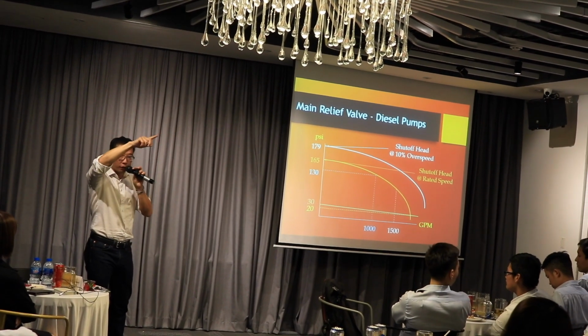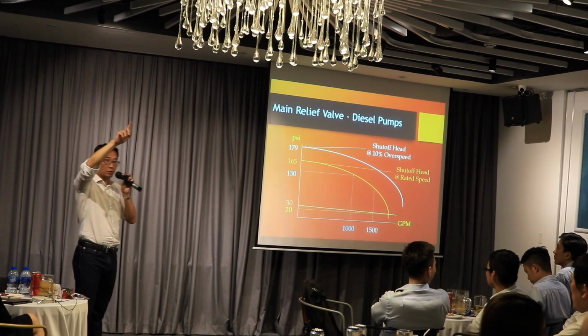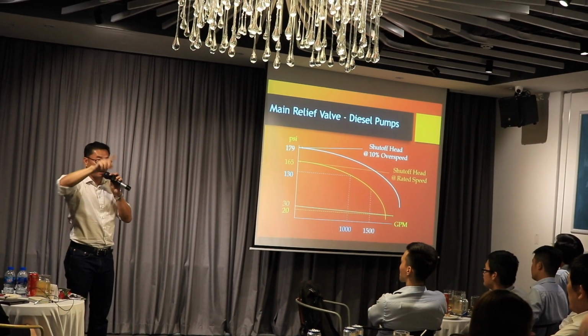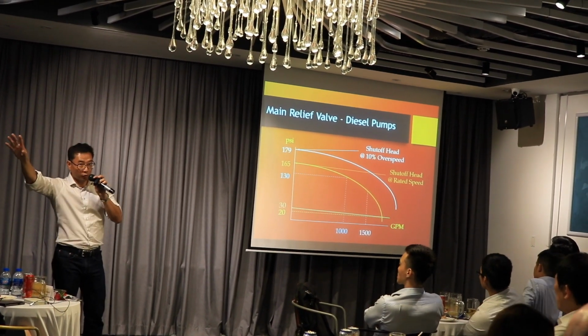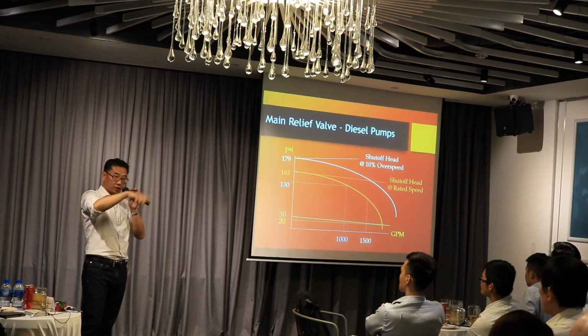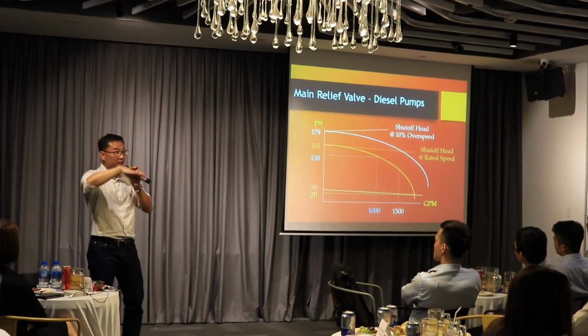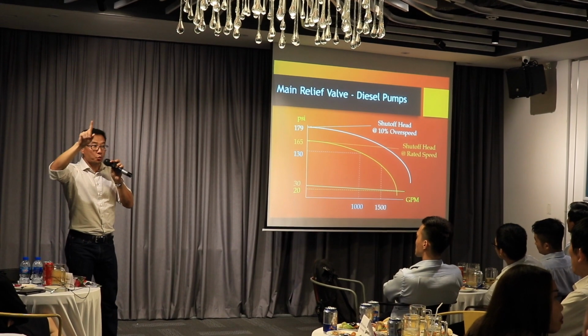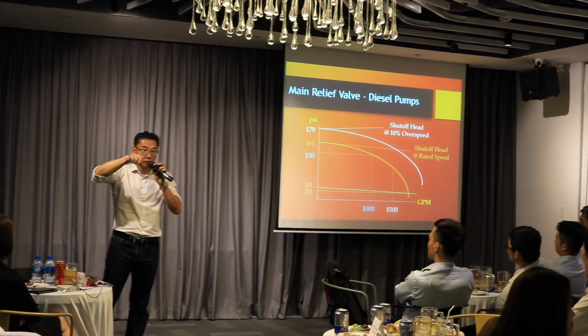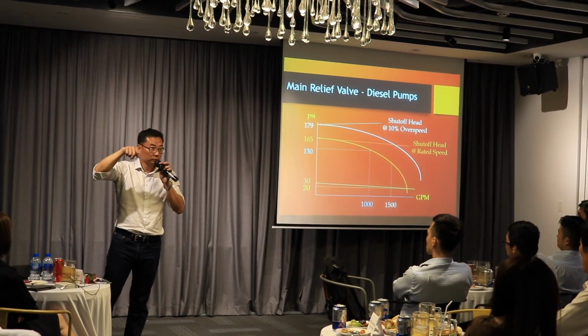There is a law that governs the centrifugal pump. Q2, which is the new flow, equals the new speed divided by the old speed times the old flow. But for H2, the head pressure, it is the new speed over the old speed, squared.